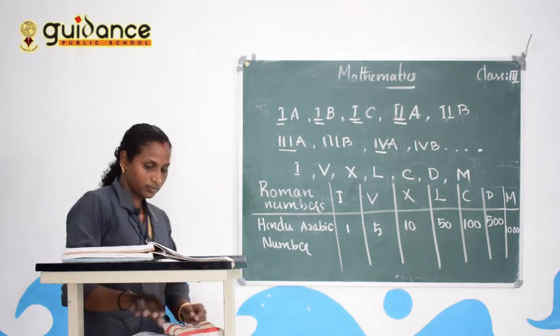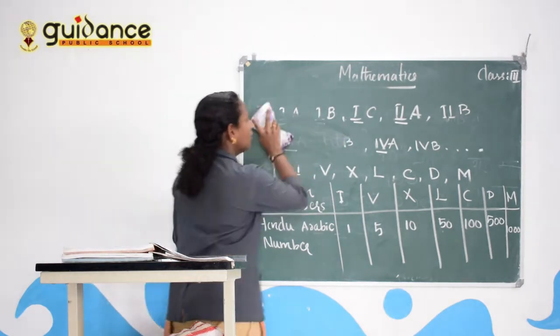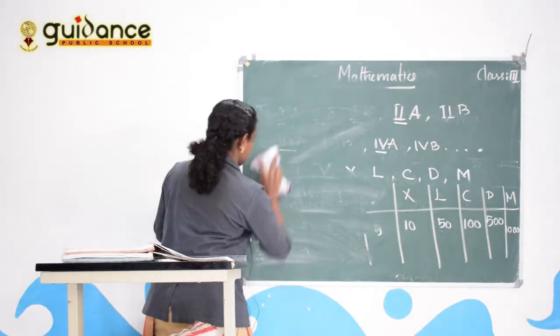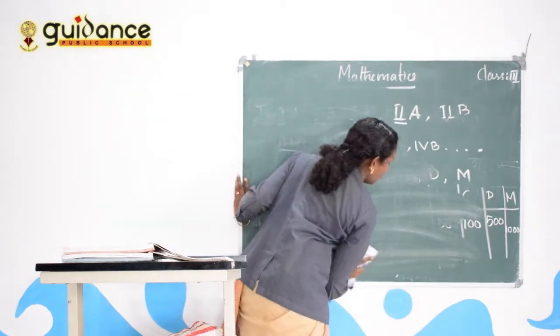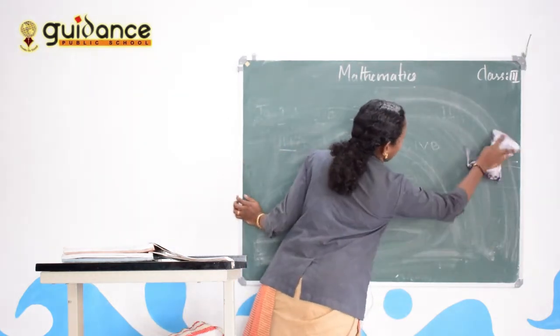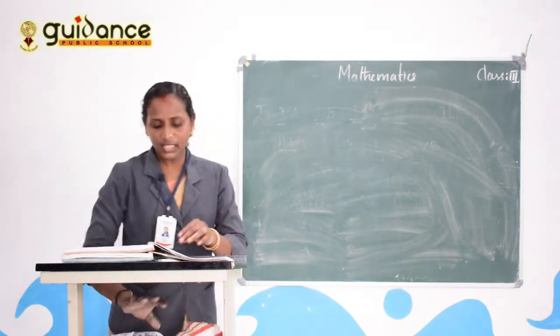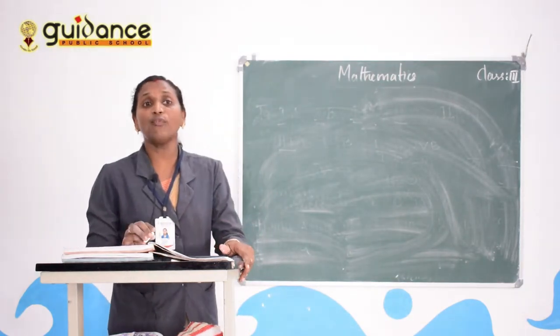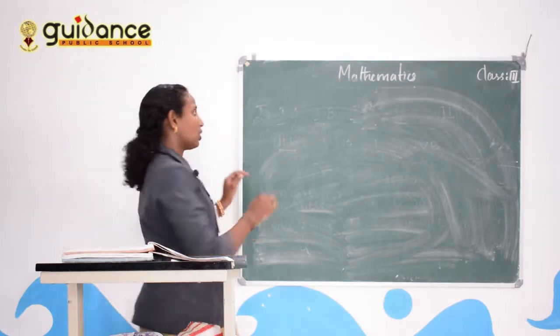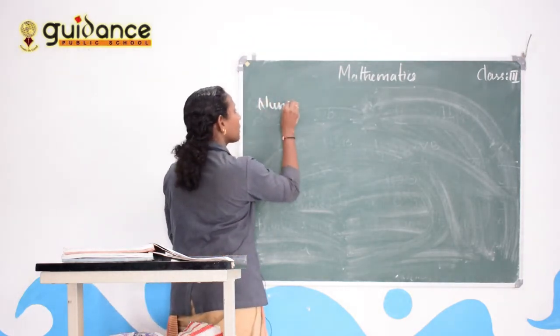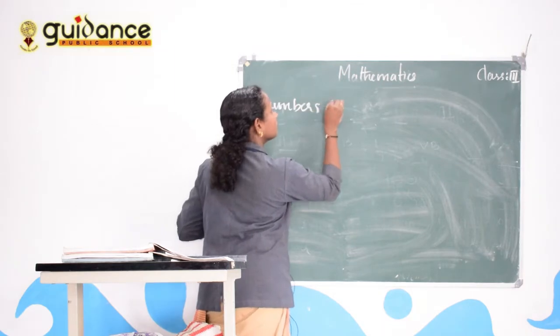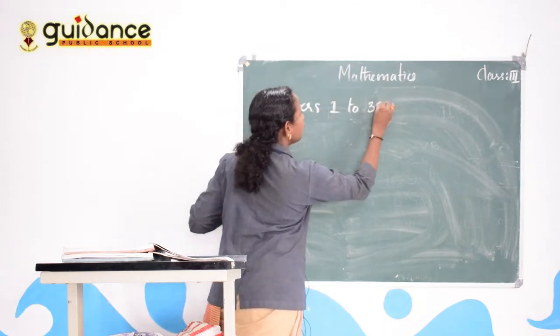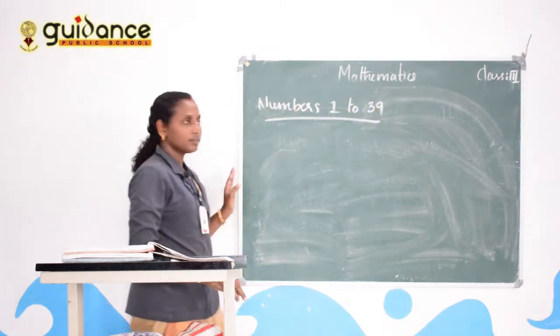Okay, then first, numbers 1 to 39. In this class, we have to write the numbers from 1 to 39.